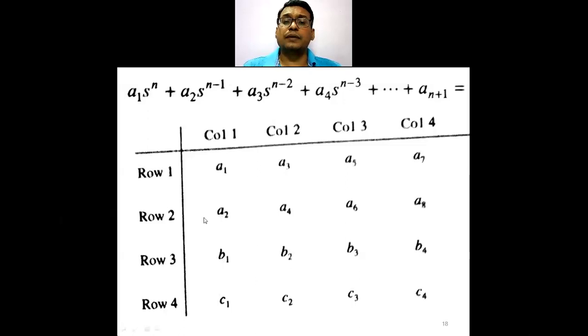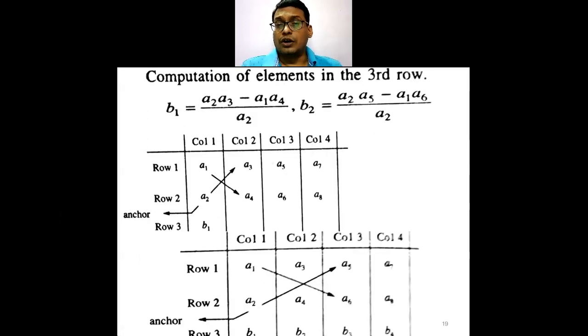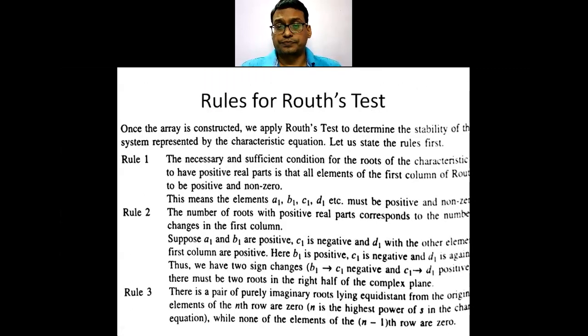That means the sign has changed 2 times, so two roots lie on the right hand side of the imaginary axis. There can be another case: A1, A2 and B1 are positive, however C1 is negative. Then only one root lies on the positive side.